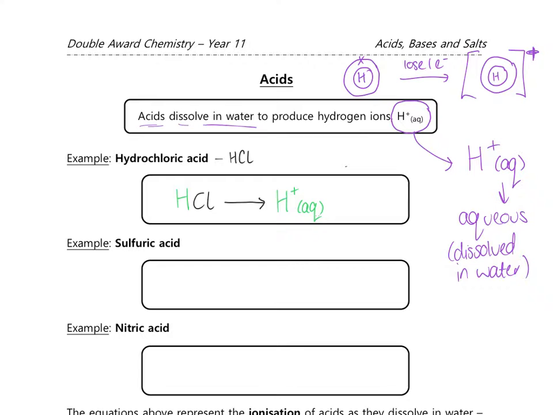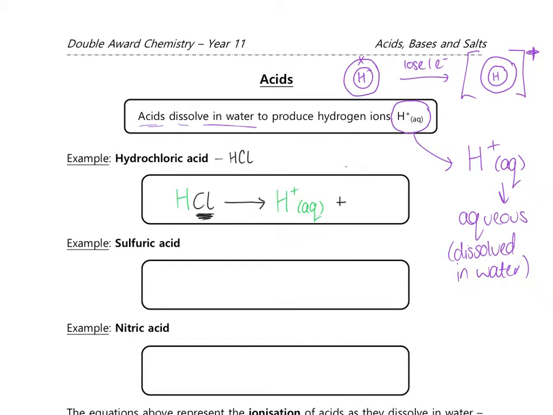Well, you can see in my formula I've got Cl, so it's going to be a chloride ion. A couple of ways you can work out the charge. Firstly, because there is a 1+ charge of my hydrogen, that means the chlorine needs to be 1- to balance that out.